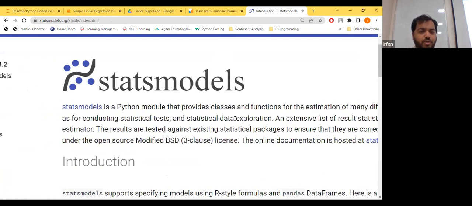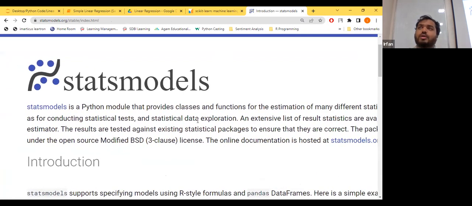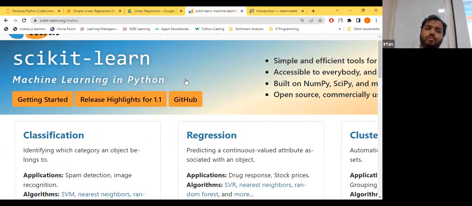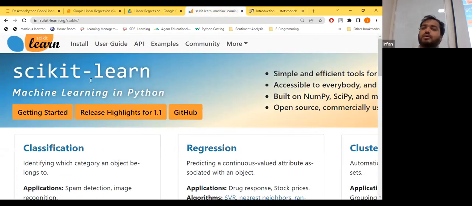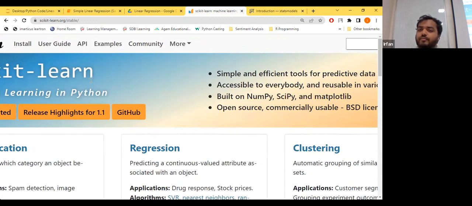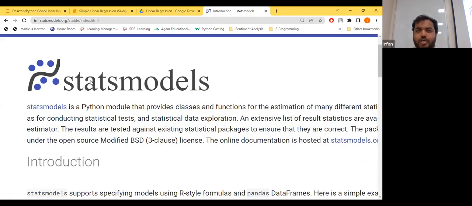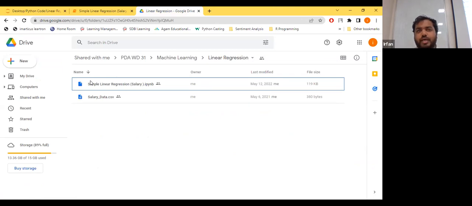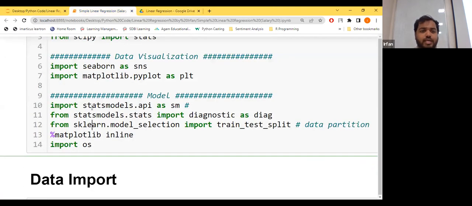In statsmodels, you can do your t-test, chi-square test, and machine learning also. In sklearn, you will only do machine learning. Clear? So, 2 options are there. You can use any one. It's your opinion. I'm using statsmodels in the first scenario. Later, I keep on adding levels for you, and I'll make sklearn more.